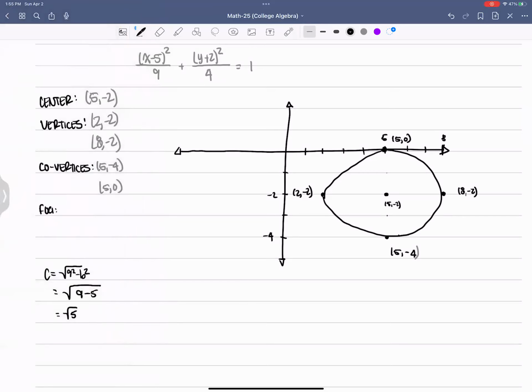So from the center, we're going out 1, 2, and 2.25 is about here, in both directions. So x ends up being 5 minus root 5, negative 2, and over here we're adding it: 5 plus root 5, negative 2. And there you go.